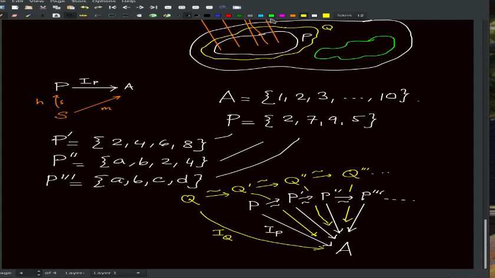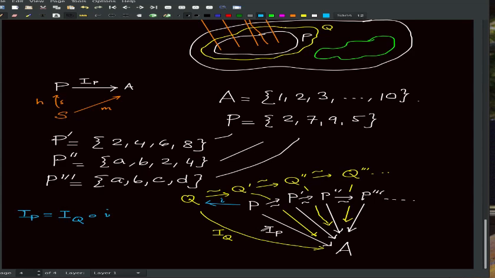So you actually have a map here. What we are saying is the inclusion map of P into Q followed by the inclusion of Q into A is nothing else but the inclusion of P into A. So you are telling me that IP is nothing else but IQ composed with the inclusion of P into Q. Okay?